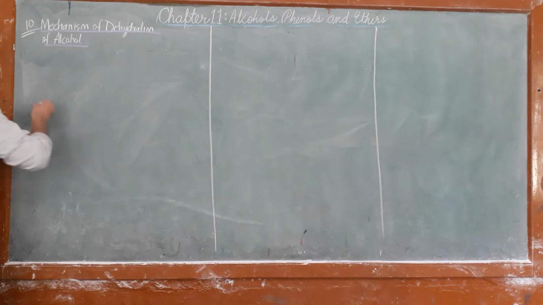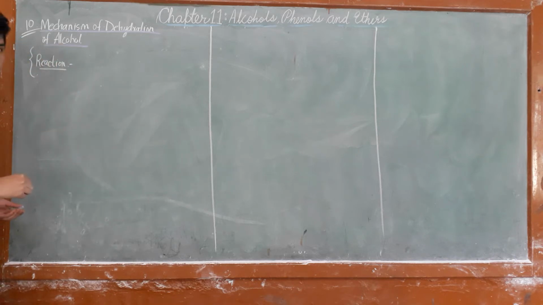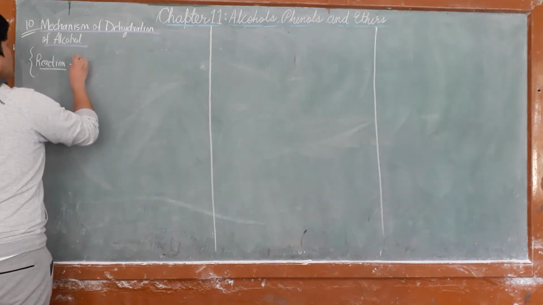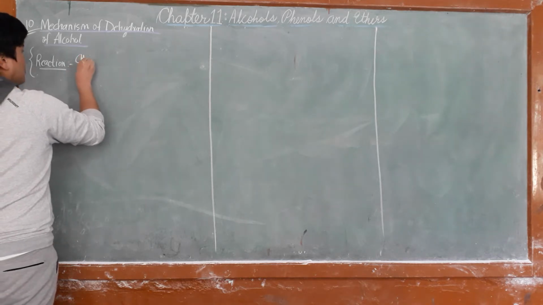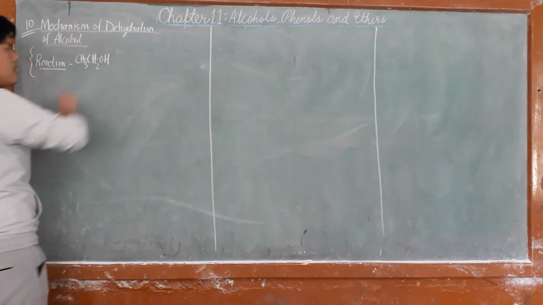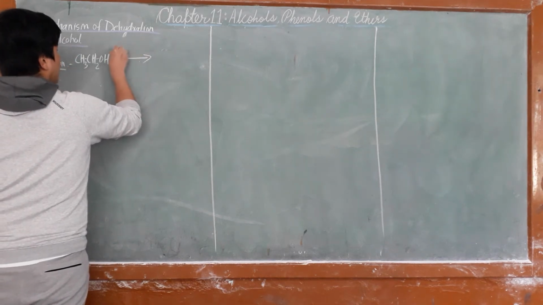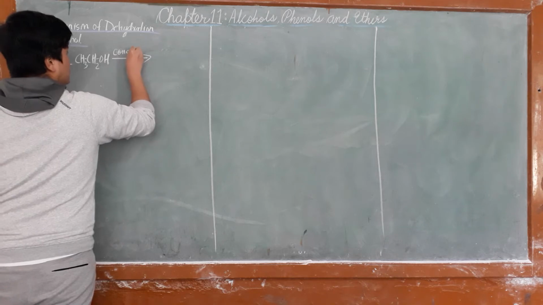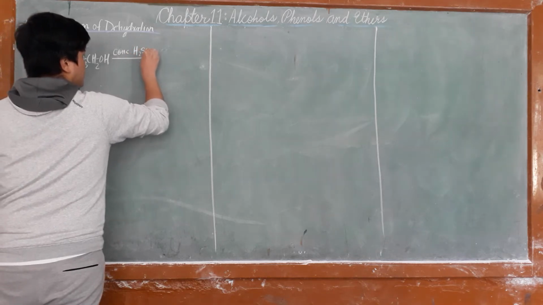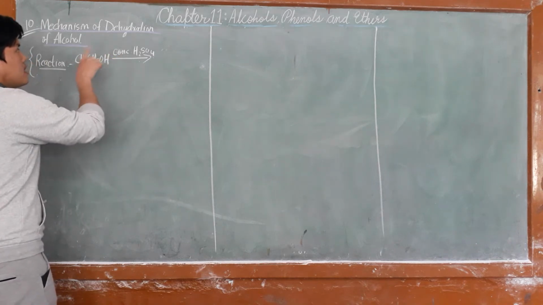So, if we write the general reaction, the alcohol, ethanol, under dehydration conditions, we have to react it with concentrated H2SO4, which acts as a dehydrating agent, because dilute acid acts as a hydrating agent.